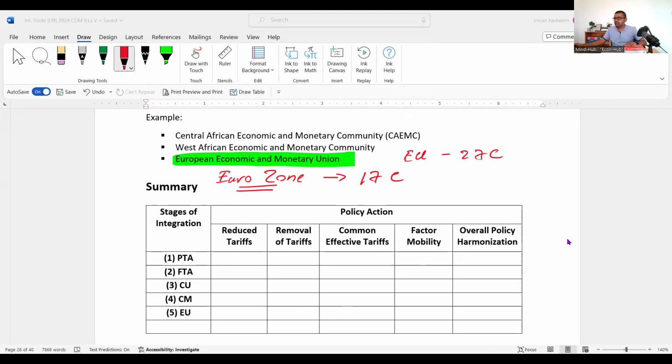According to Google search, it says 19 countries in the Eurozone. Could be. What are the new countries? Croatia was there. Maybe they also use the euro now. There was one more country, Malta. I can't remember now. There was one more country who wanted to join the eurozone.